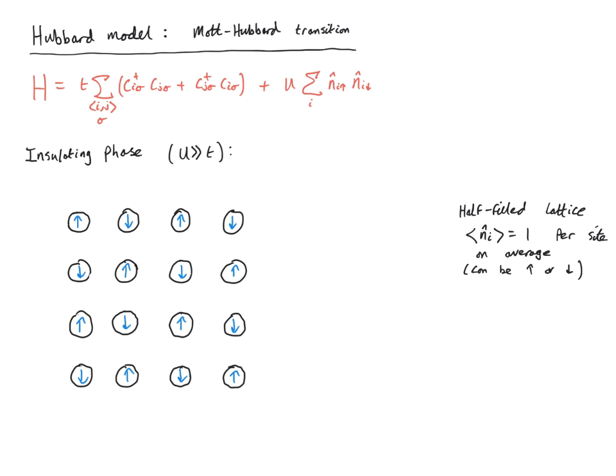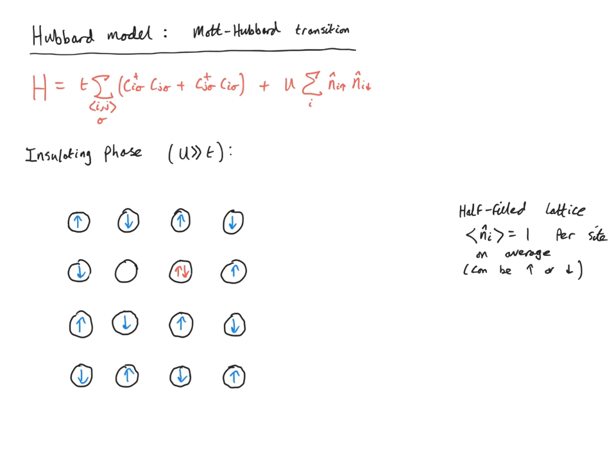So let's reset the board again and show the kind of processes that are favoured. We imagine that we can hop or tunnel this electron from here to here. That produces this high-energy virtual state, and this has a short lifetime, and then we return back to the original configuration.